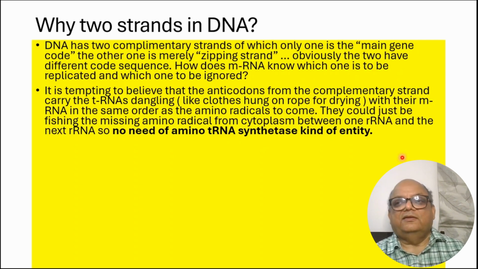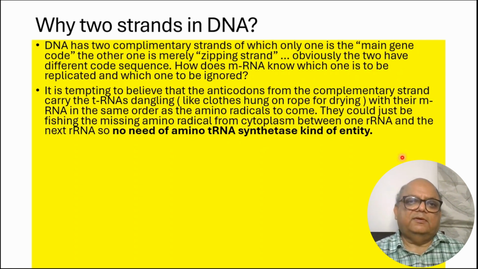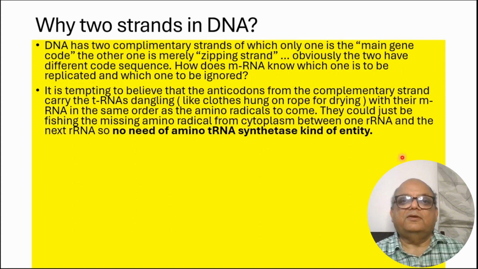Of course, there can be a number of rRNAs in sequence, and the same mRNAs could be passing through all of them one after another, and there could be parallel proteins produced at a number of rRNAs. So in the first rRNA, the amino radicals get consumed.